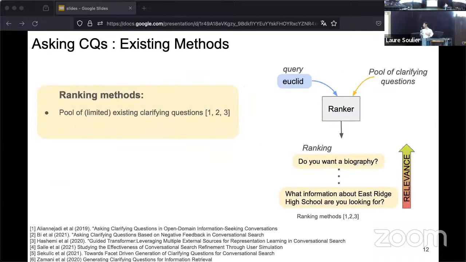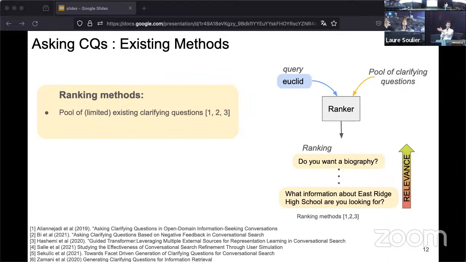So in the literature, there are various methods proposed to ask clarifying questions, like ranking methods, where we have a pool of pre-existing clarifying questions, and given the query, there is a system that predicts a relevance score between the query and the clarifying question.